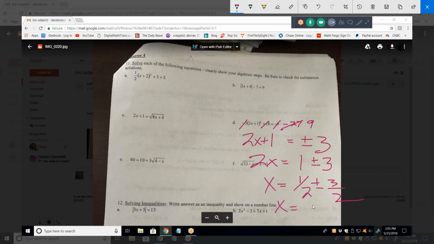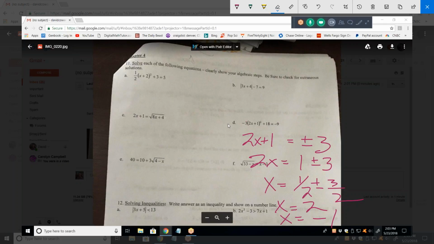Which is what? 2. What is 1/2 minus 3/2? Minus 2/2. Which is minus 1. Always simplify. Don't give me answers like minus 2/2. Your teacher will knock points off that, I guarantee you. When you can simplify something, you're always supposed to do it.